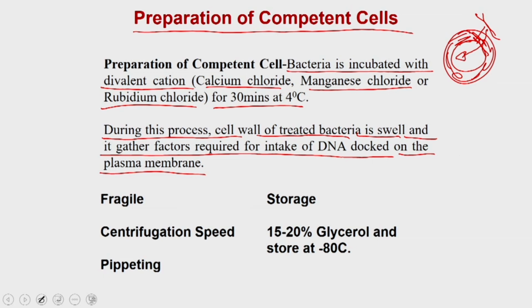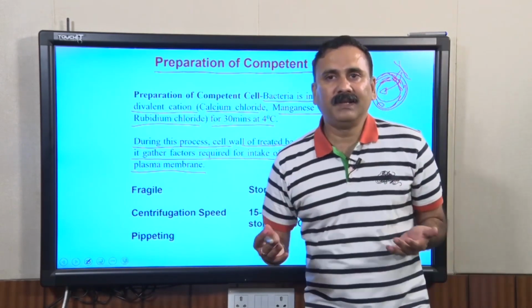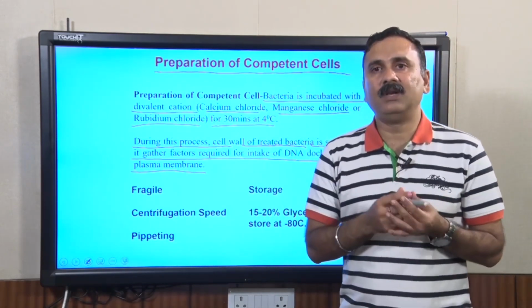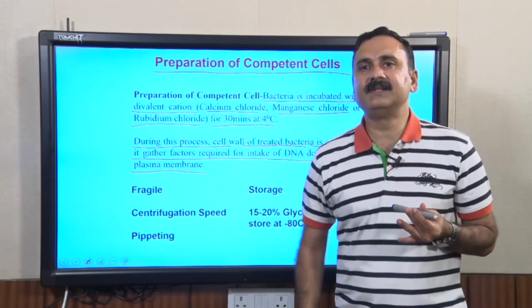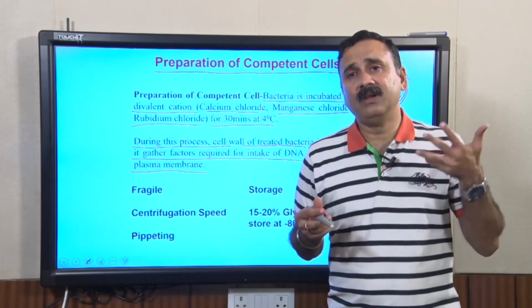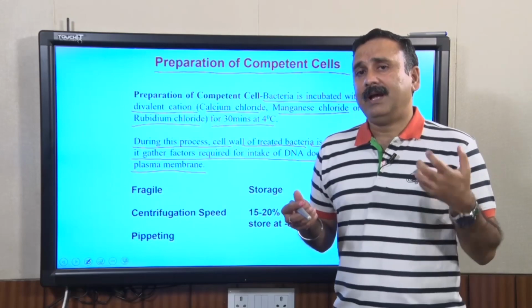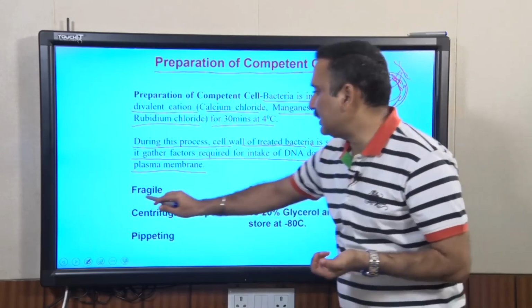But what is important is that when you are making these E. coli cells competent by treating them with divalent cations, as we discussed, the cell wall is going to be loose or swollen. Because of that, it becomes very fragile.